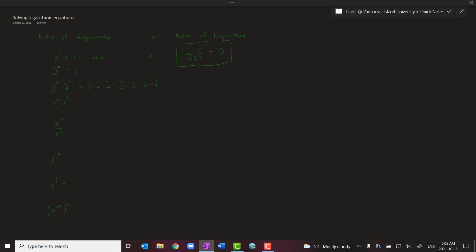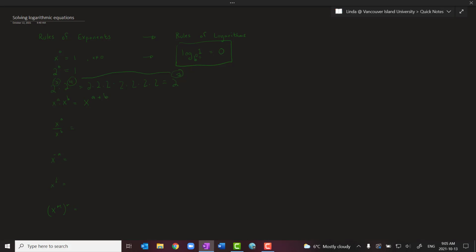So you just need to count up the total number of 2's and say that we're going to multiply by 2 7 times. So the 7 just comes from adding the 3 and the 4 together. So what we do when the bases are the same and we're multiplying is that we add the exponents.